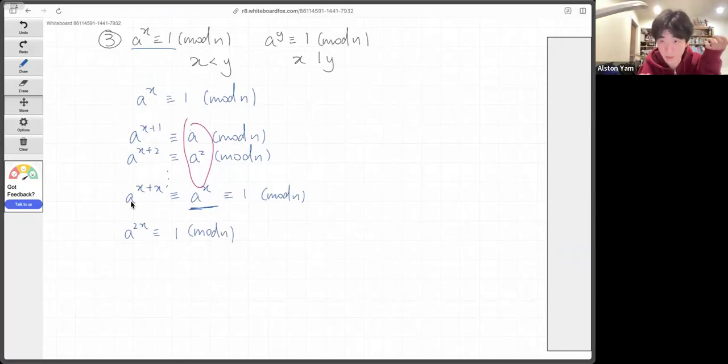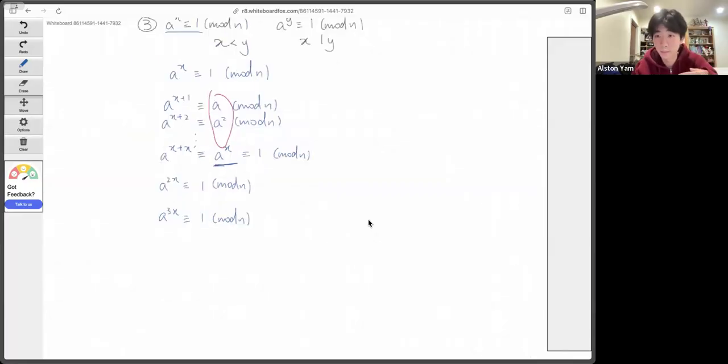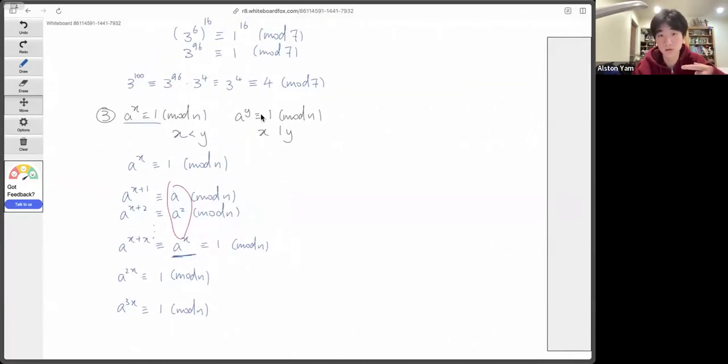If we multiply both sides by a to the x again, we have a to the 3x congruent to 1 mod n. I'm just going a little faster because we already have the idea, right? If we keep multiplying a to the x's, eventually we will hit y. Why is that? Precisely why I have circled these numbers over here, because we know these numbers do not give a remainder of 1 when we divide by n.